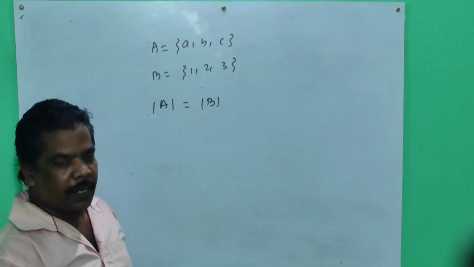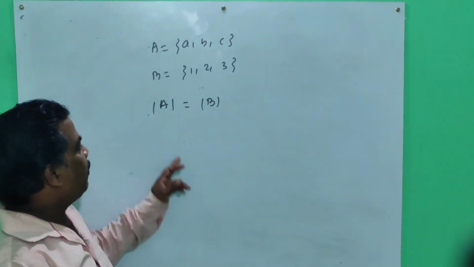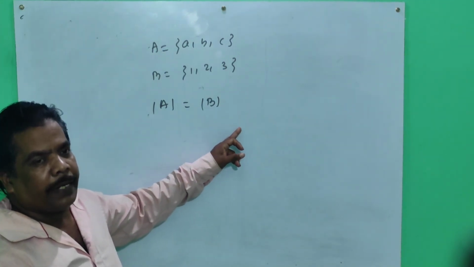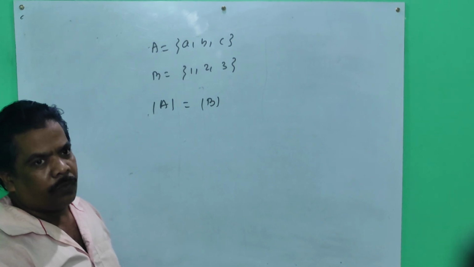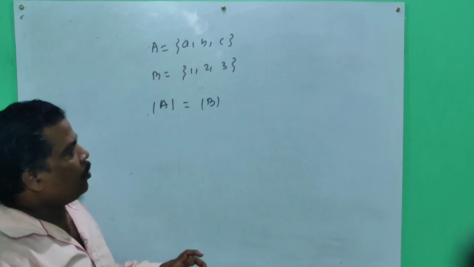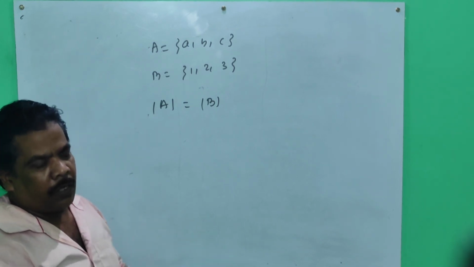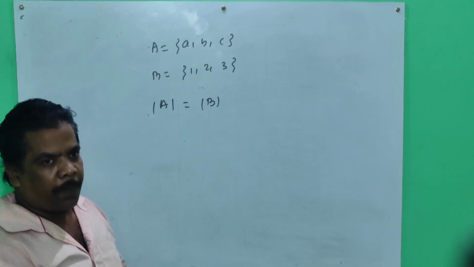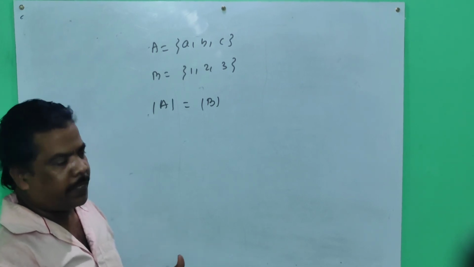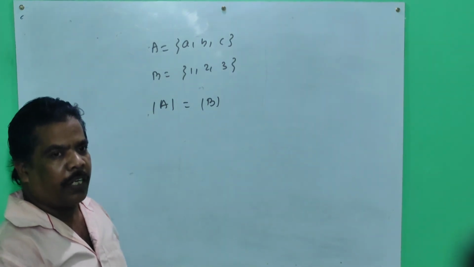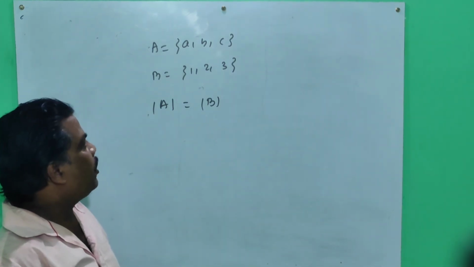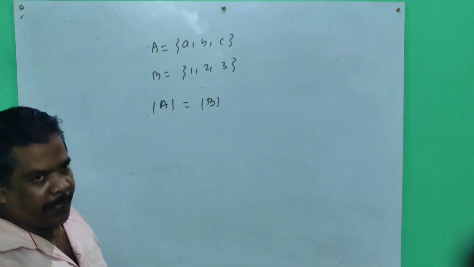Two sets are called equivalent if they possess the same cardinality or the same cardinal number. Here we know what is a set, subset, proper subset, superset, power set, cardinal number, the condition of equality, and the condition for two sets to be equivalent.